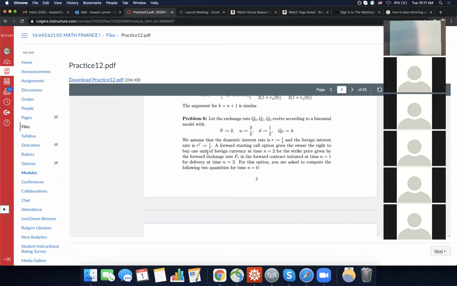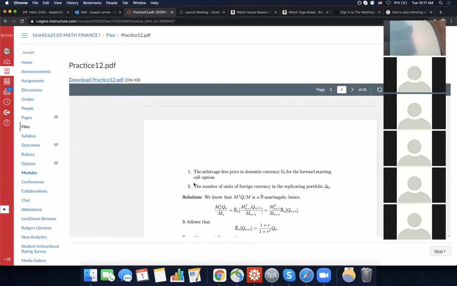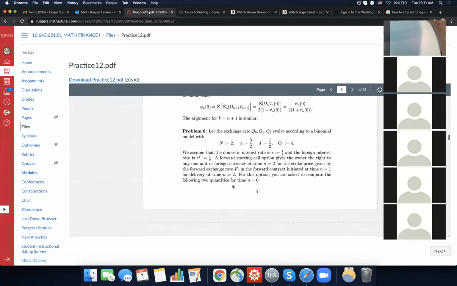So there's an option written on top of this foreign exchange forward rate. We have to compute the price of this option, as well as the replicating portfolio. This is what we're going to be doing, and then we'll do one more when we're done with this.